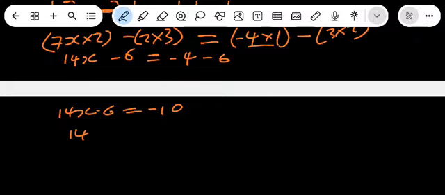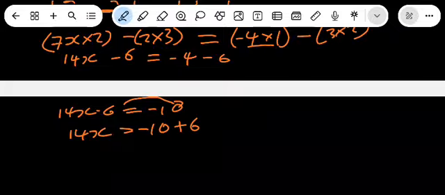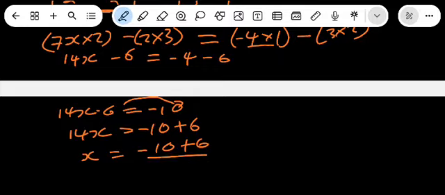Taking 14x to one side, we have negative 10 plus 6, divided by 14.